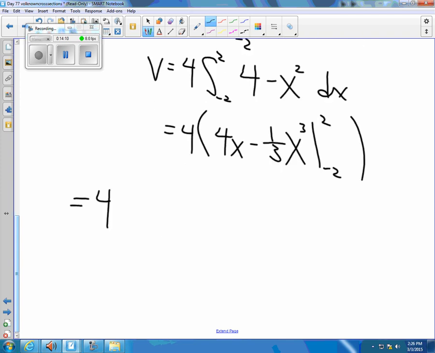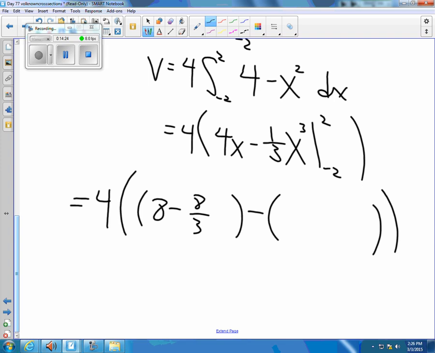So it would give us 4 times, we'll plug in the upper, lower, and subtract. We plug in the 2: 4 times 2 is 8, minus 1/3 cubed is 8/3. We plug in the negative 2, we get negative 8. And we're going to have negative 1/3 times negative 8 would be plus 8/3.